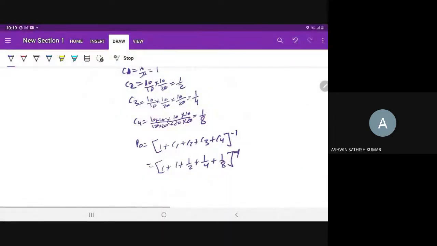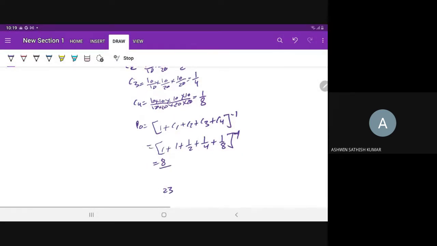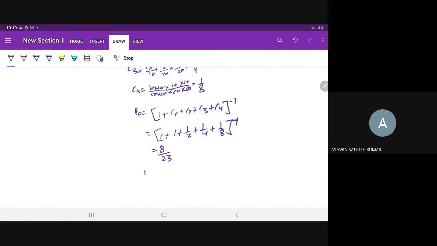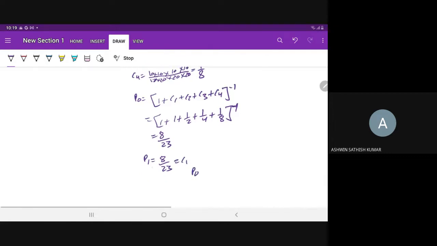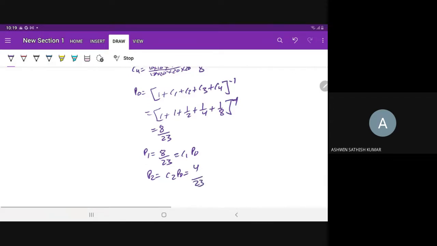So when P0 is 8 upon 23, P1 will also be 8 upon 23, because it is C1 into P0, and P2 is equal to C2 into P0, that is 1 by 2, so 4 upon 23.